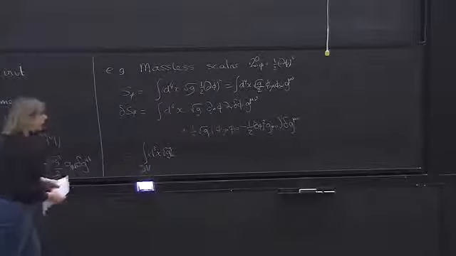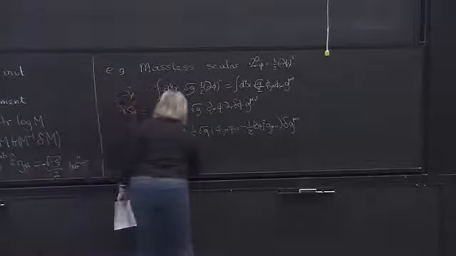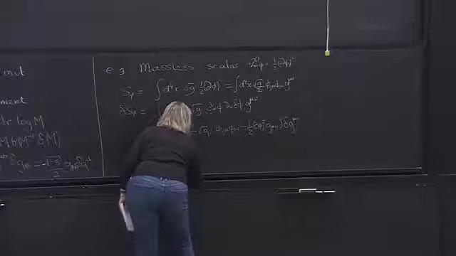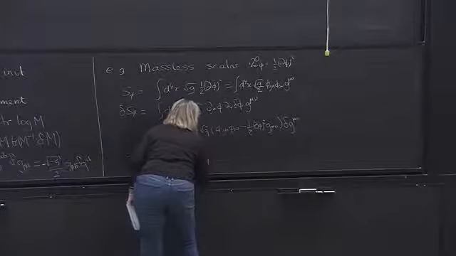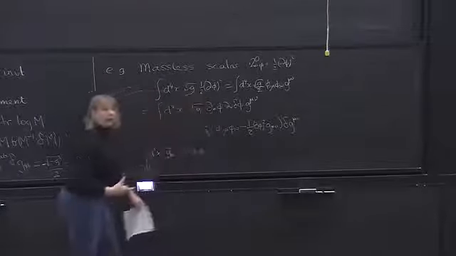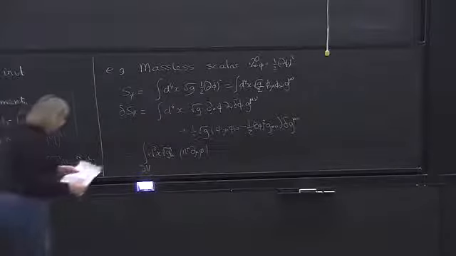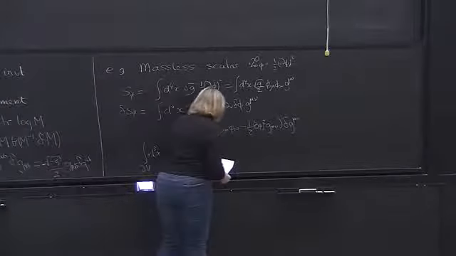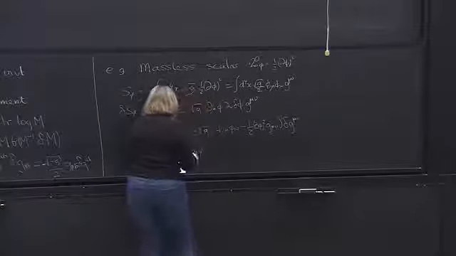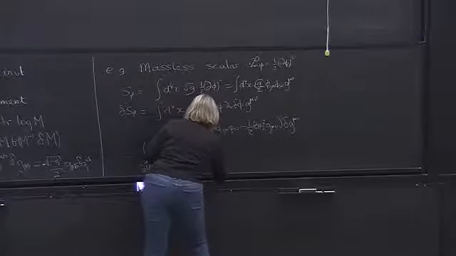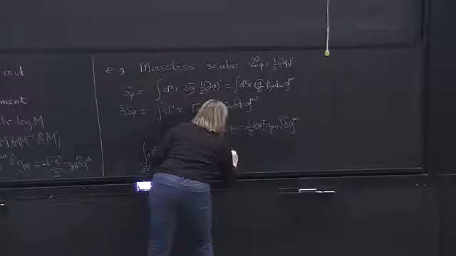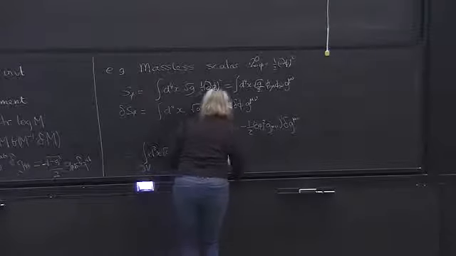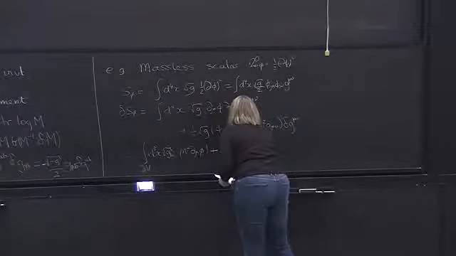I get a boundary term, which is the normal derivative of phi. So n here is just a normal. Let me put them all in one.